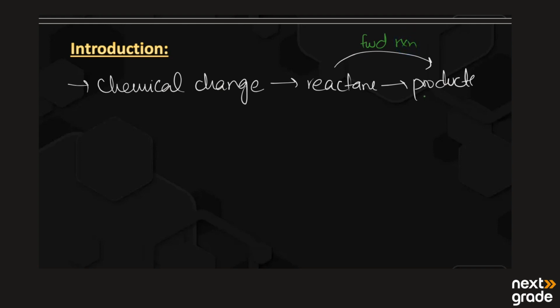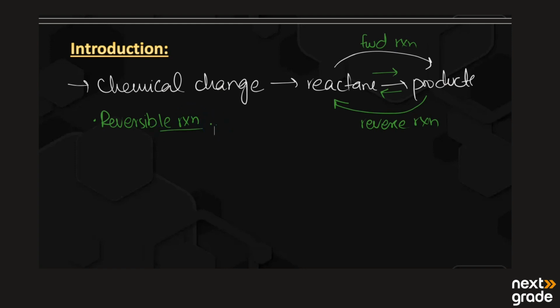And when the products change back into the original reactants, this process is known as the reverse reaction. So the reactants change into the products and the products change back into the reactants. This is known as a reversible reaction.